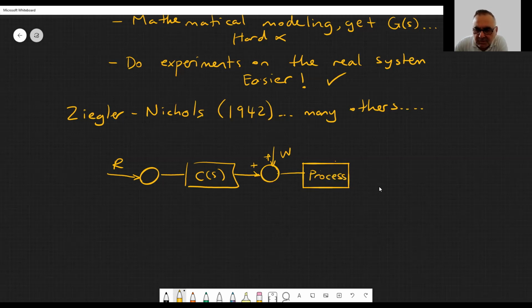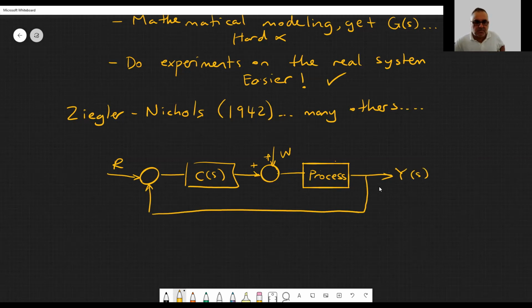By the way, the Ziegler-Nichols settings are usually used for chemical processes, process systems. So you have the controller and the process, as we see.